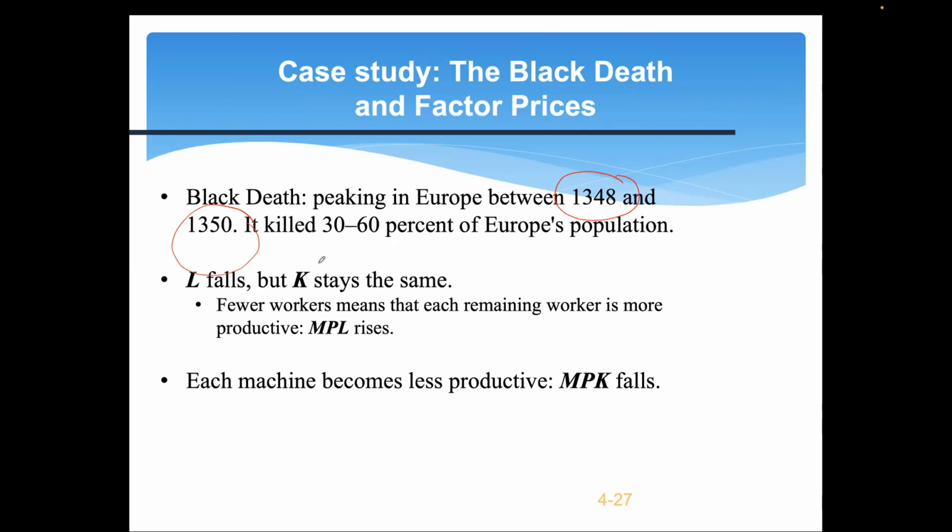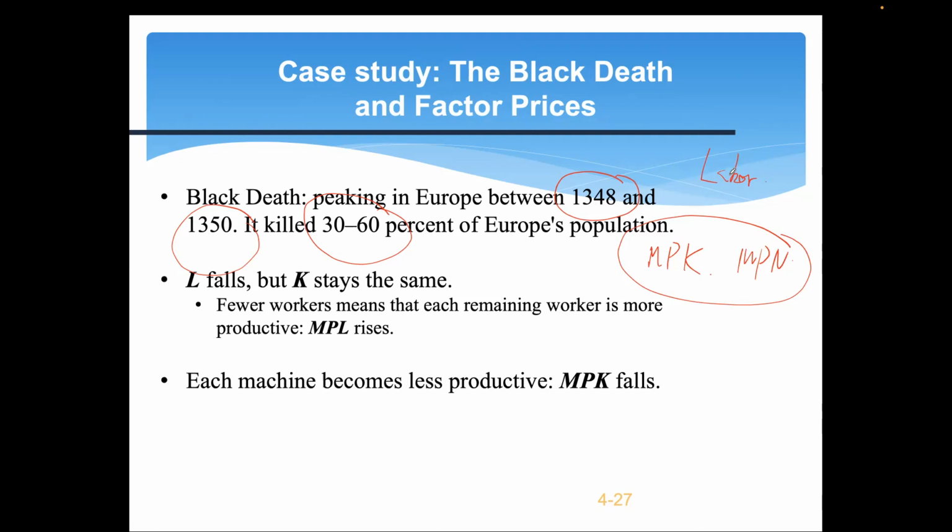In the worst days, it killed more than half of the population. This provides us with a very unique historical moment to understand how the marginal productivity of capital and how the marginal productivity of labor is going to change as a response to some exogenous change in labor. And furthermore, this is a testing ground for the theory we just had.